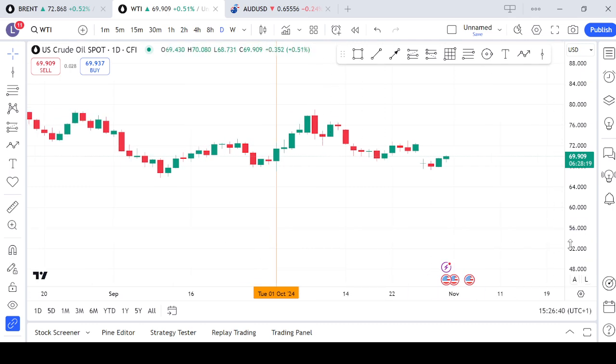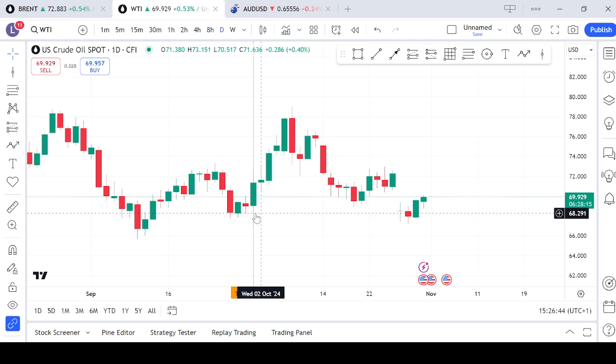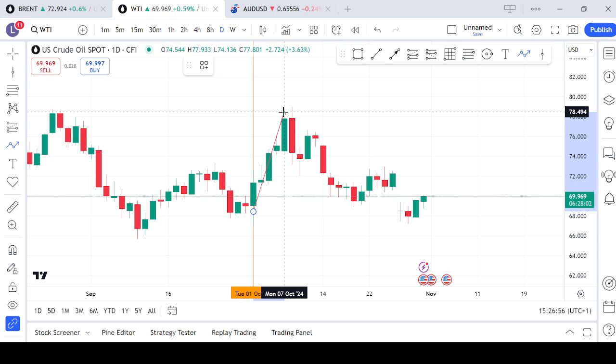You can see that was the first week of October. The next day was bullish, followed by the next day also bullish. The next 4 days had 4 bullish days, and you can use fundamental analysis to quickly enter this market.